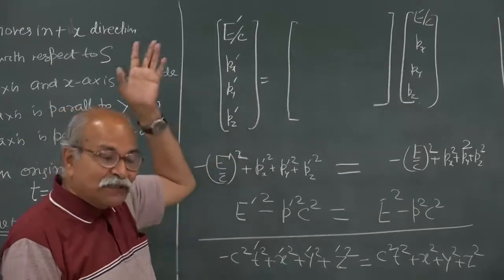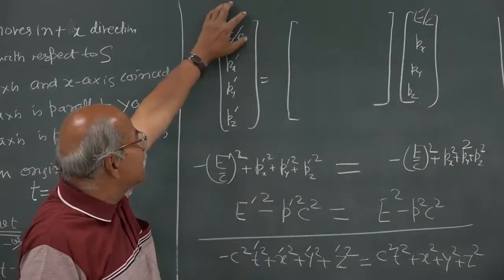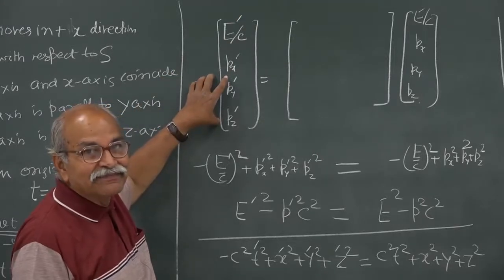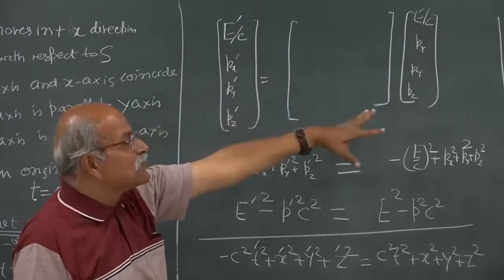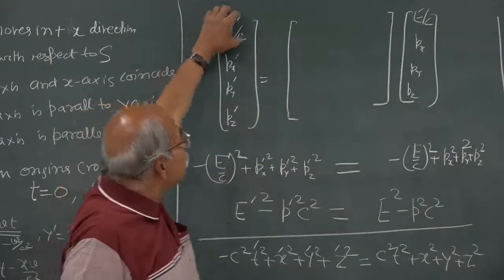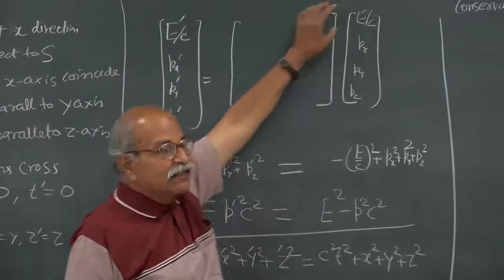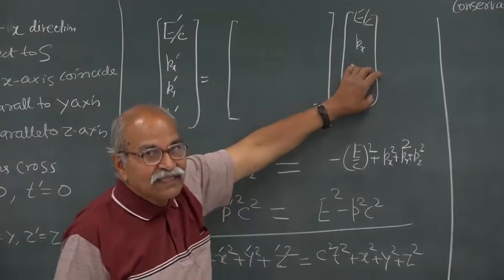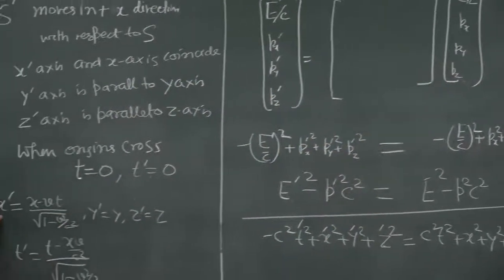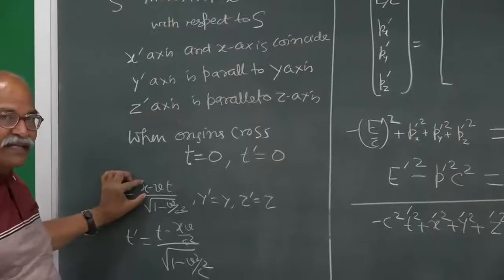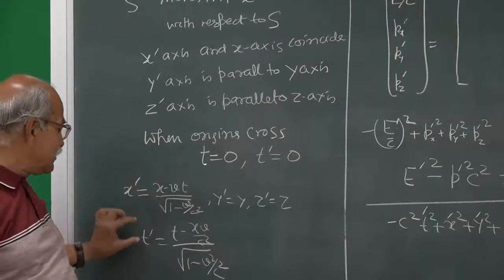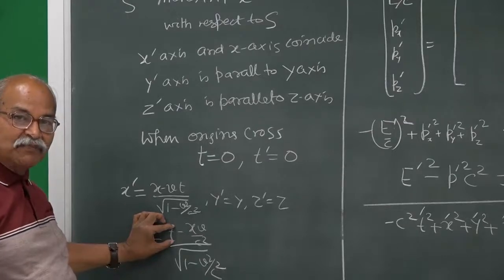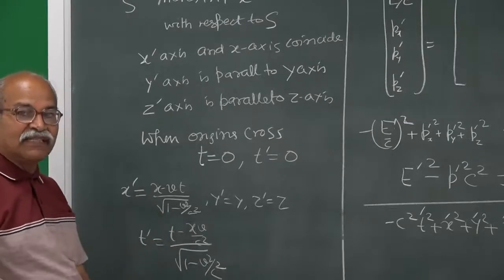So in one particular frame, yes, you have a separate existence of energy and separate existence of linear momentum. But when you change to some other frame, this energy is not related solely to that energy, this linear momentum is not related solely to that linear momentum, just like this position x is not related solely to that position x, or this time is not related to that time. So time and space are mixed up.